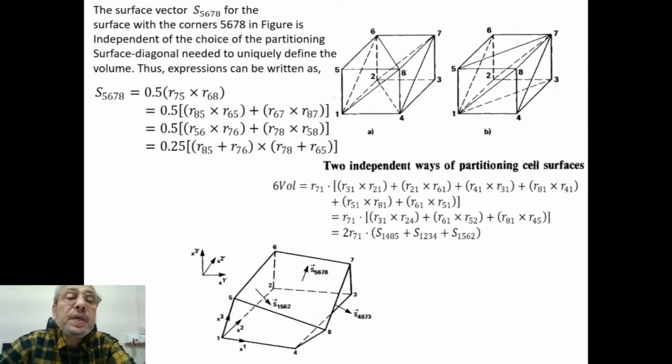The surface vector S5678, whether you calculate it here as S5678 or the other way, as in the figure, is independent of the choice of the partitioning surface diagonal. See, once we have partitioned it this way, 6,8 is the surface diagonal. At another instant, we have partitioned it this way, and 5,7 is considered as the surface diagonal.